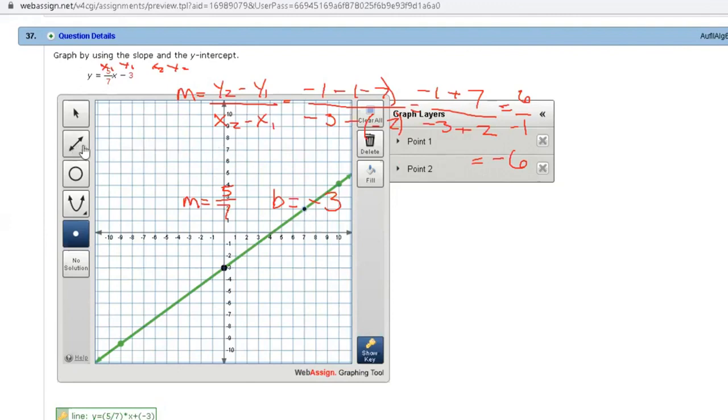Then we click on our arrows, and we want to make sure that the double-ended arrow is selected. Then we click on this point, and then we click on this point, and it creates that line for us. Okay, so that is how you would graph it in WebAssign.